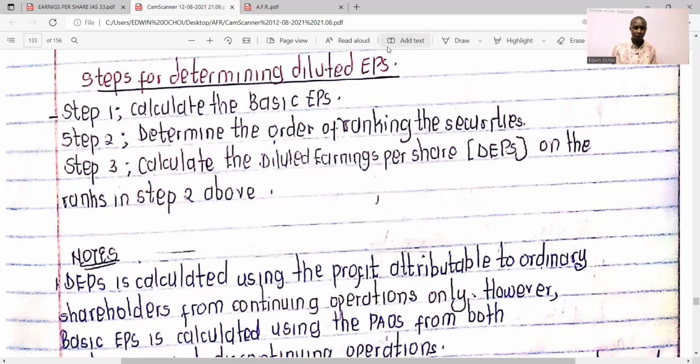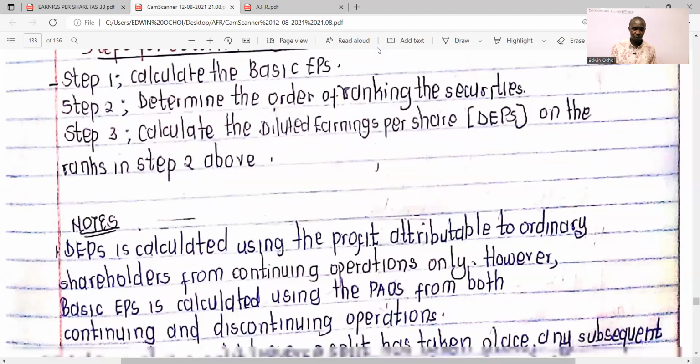That way I will be able to compute my diluted EPS based on the ranks, which I have said I will order from those which have the least effect in diluting the basic EPS. Because, as we have said, generally diluted EPS signifies a reduction in the earnings per share.